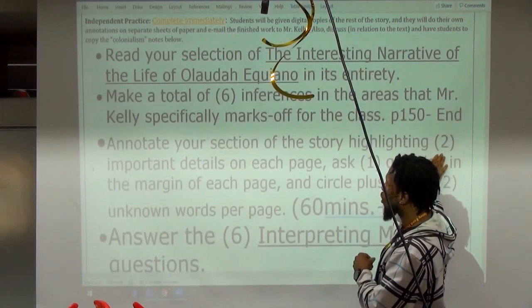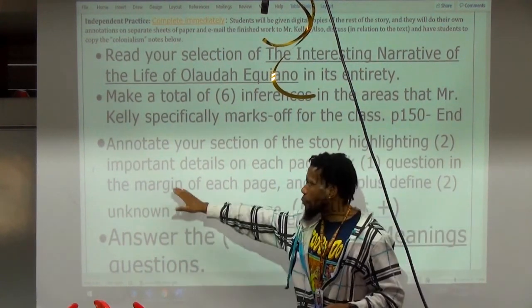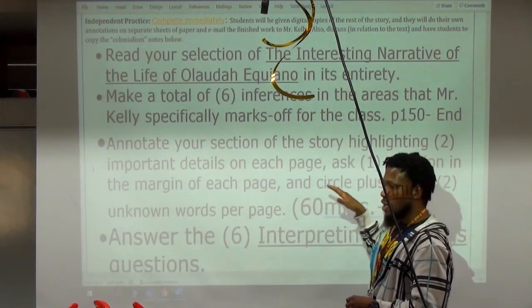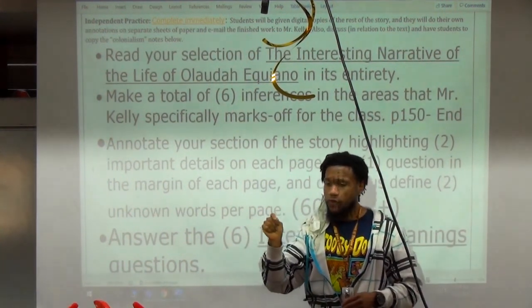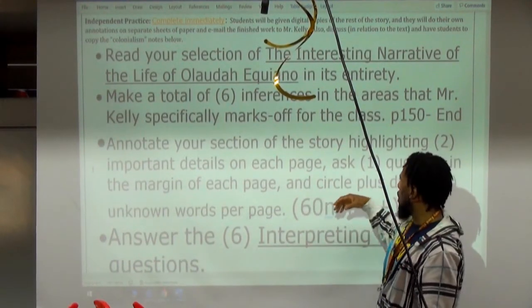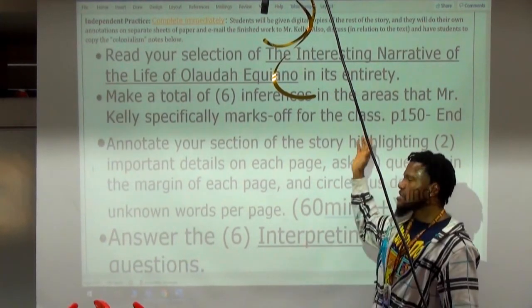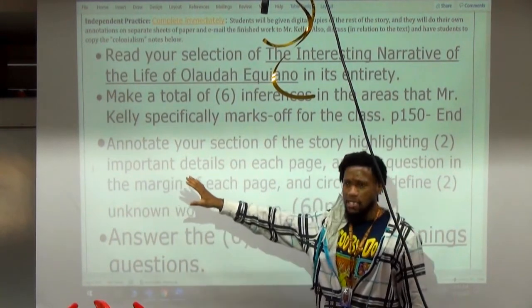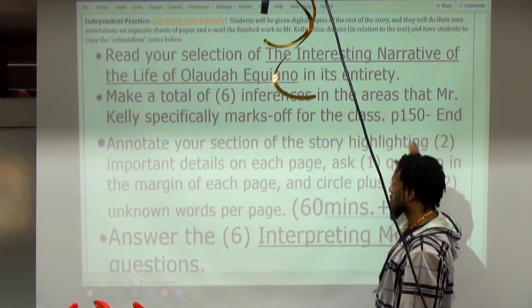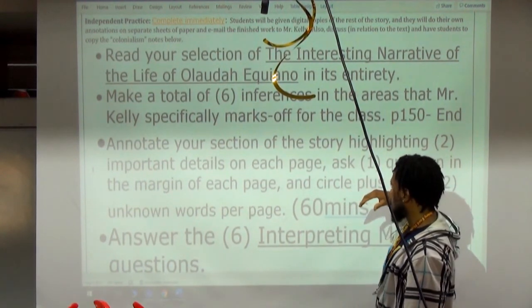And you're going to look for just two important ideas on each page. So on each page, at least look for two important ideas. You will have a total of approximately 8 to 10 important ideas. If you only stop at 8, I won't have a heart attack. But 8 to 10 important ideas.